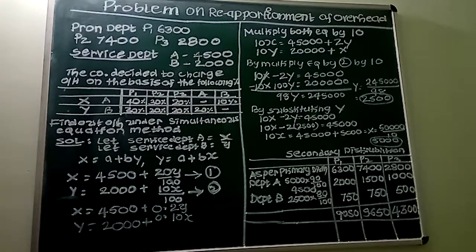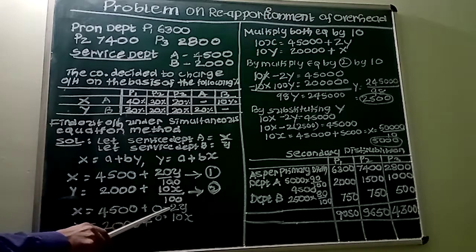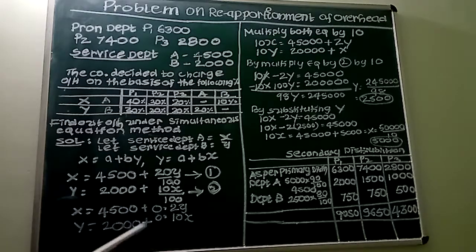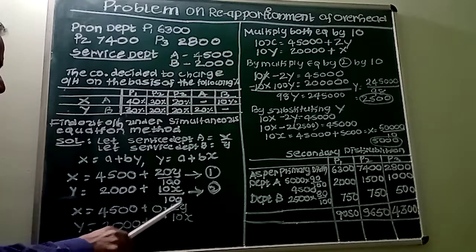See now, let us try to convert it into the equation form. X is equal to 4500 plus 20 divided by 100, which is 0.20 or 0.2Y. This is equation number 1. So 4500, 20 divided by 100 is equal to 0.2Y.